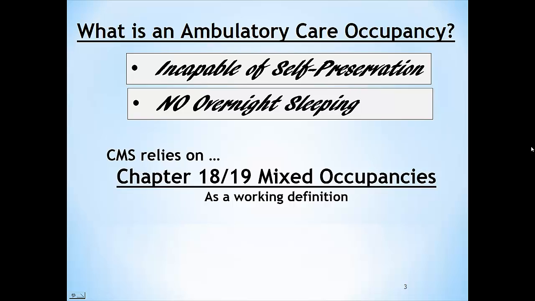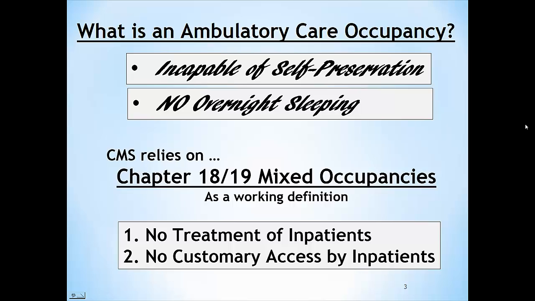I need to make sure you're aware of a very important point: CMS tends to use the healthcare definition of a mixed occupancy as part of their working definition for ambulatory care. They basically say you cannot have any inpatients receiving treatment in ambulatory care.